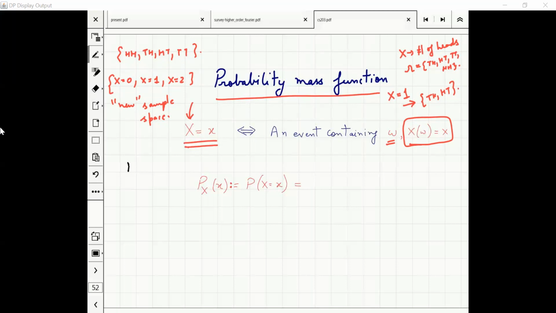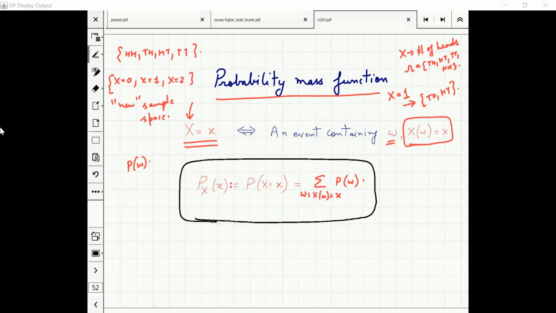Maybe the probability of W1 plus W2, for the W that satisfies X(W) equal to x. We can add their probability. Exactly. This seems very natural. This is how we can define the probability mass function of our random variable.